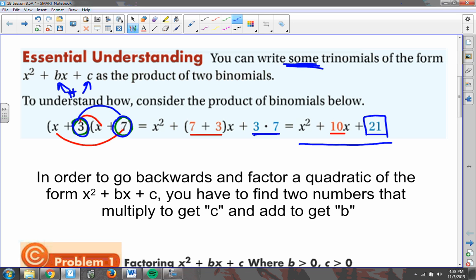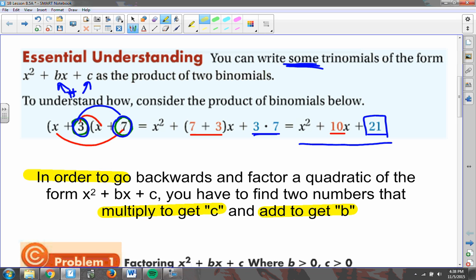So here is something to add to your notes. In order to go backwards and factor a quadratic of this form, x squared plus bx plus c, you have to find two numbers that satisfy the following condition. They have to multiply to get c, and they have to add up to get b.